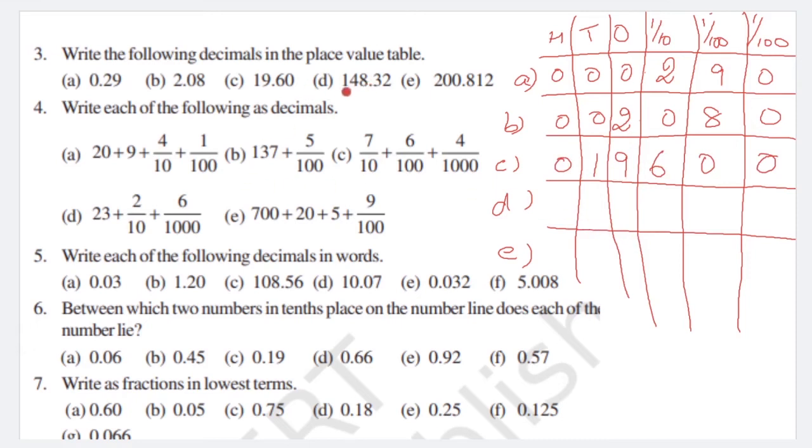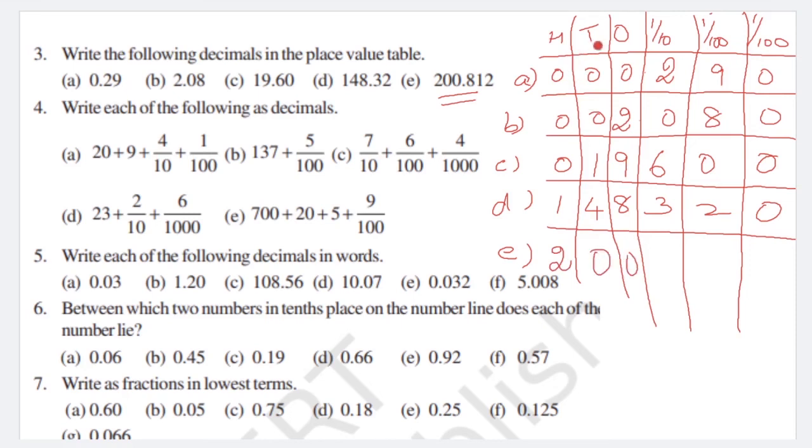Next one is 148.32. So in the hundreds place you have 1, 4, 8. Here there is a point, and then 3, 2. Next one will be 200.812. So in the hundreds position you will have 2. Others will be 0.